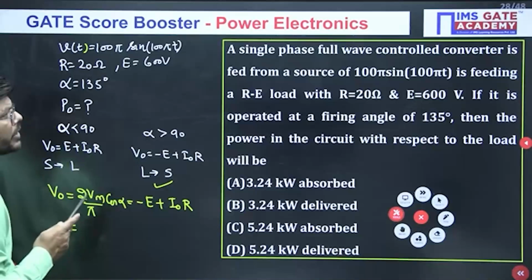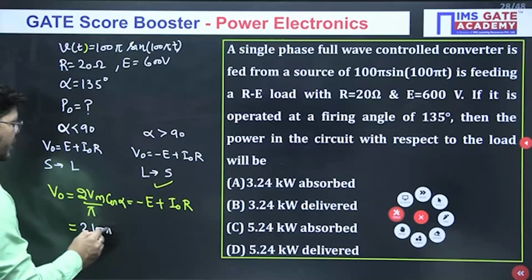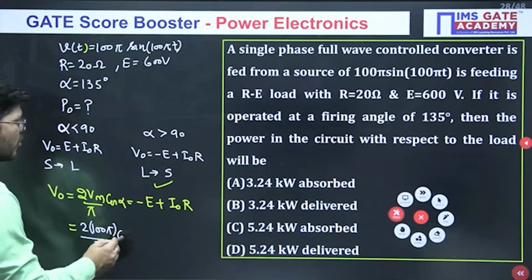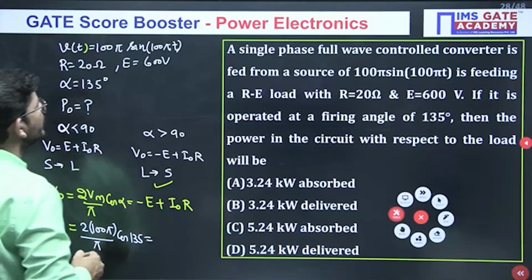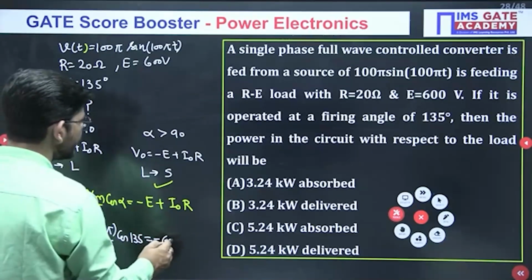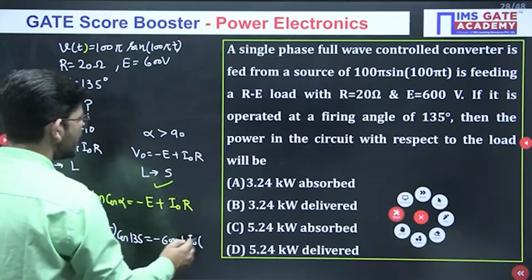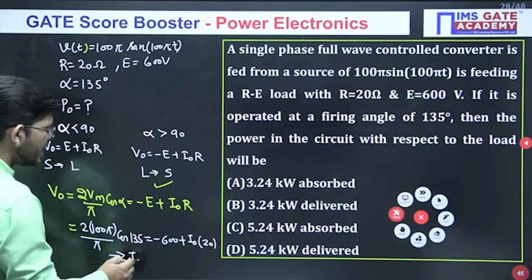Just see, 2 into Vm, Vm will be 100 pi, divided by pi, cos of alpha is cos 135, minus E, E is 600, plus I naught into R, R is 20. When you solve it, you will get I naught.